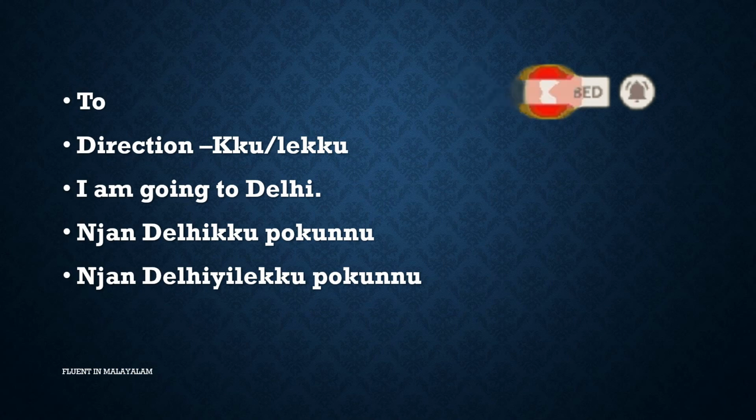Next is to, the preposition to. To can also be used to denote direction and time. So when using to denote direction, two different words can be added. Like in this example, I am going to Delhi. ഞാൻ ഡൽഹിക്ക് പോകുന്നു.